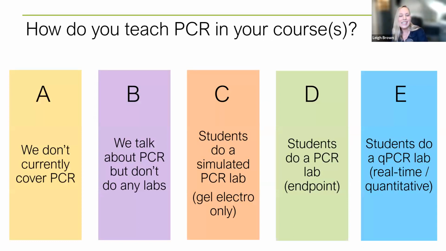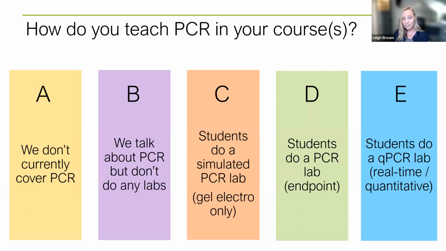So real quickly in the chat, pick one of these rectangles. Where are you with PCR in your course? Are you currently covering PCR, not at all, so you're an A, or are you maybe talking about PCR, but you're not doing any hands-on labs, you're a B. Students might be doing some kind of simulated PCR lab, like maybe they're running gel electrophoresis of simulated real-time PCR or even simulated conventional PCR. So they're doing a hands-on lab, but it's not using a thermocycler.